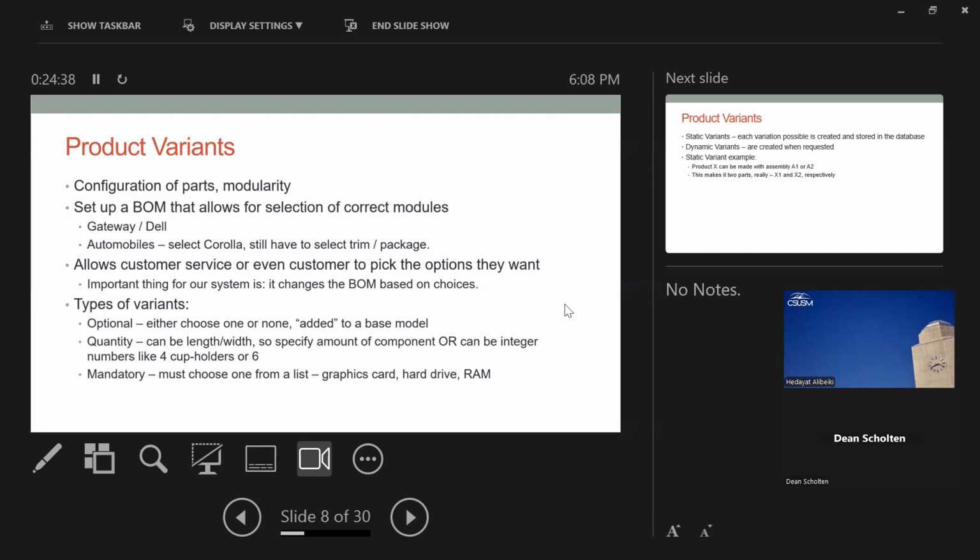Variants are products that are practically the same, right? In order to be able to compete in the market, to go to different bases of customers and attract them to buy our product, sometimes we have to give them some options.